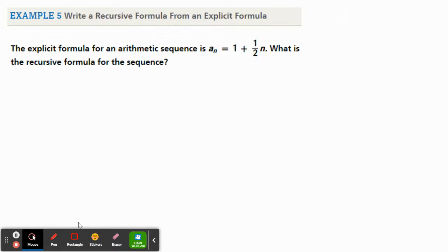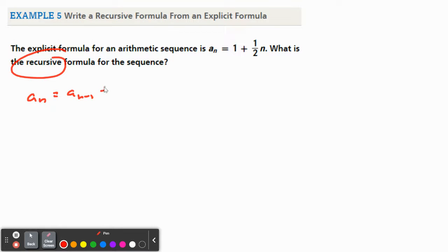All right, last but not least here. The explicit formula for this is there. What is the recursive formula? So again, the recursive formula has its own setup, right? So to find the next term, a sub n, you take the previous term, a sub n minus 1, and you add the difference.